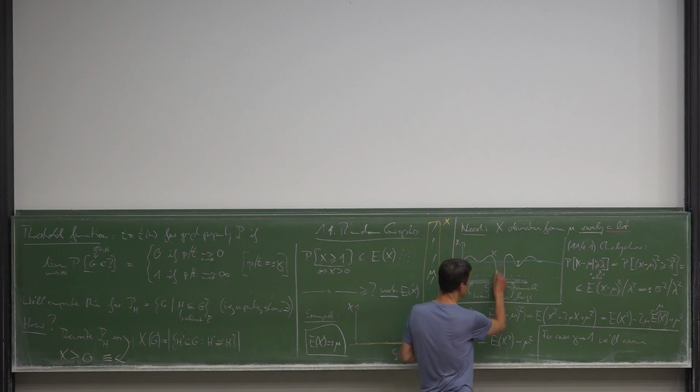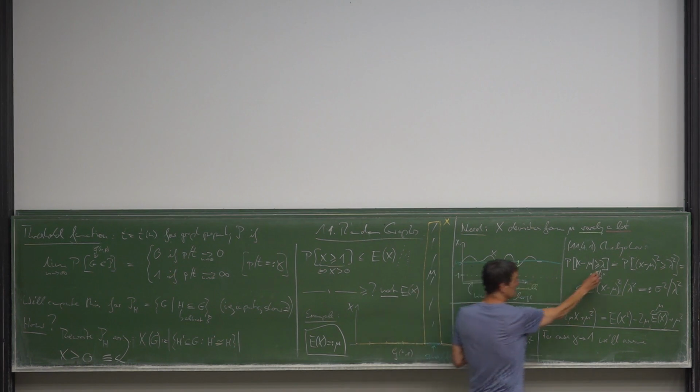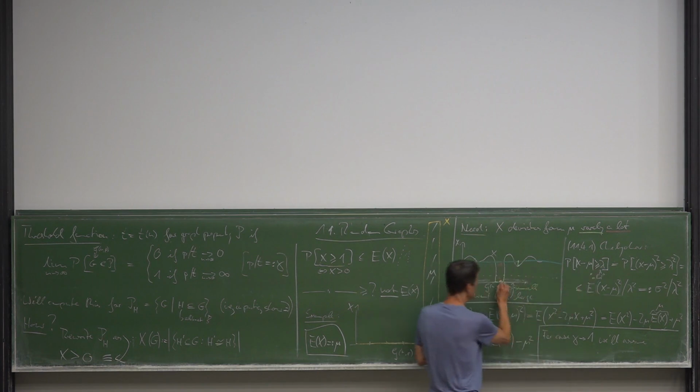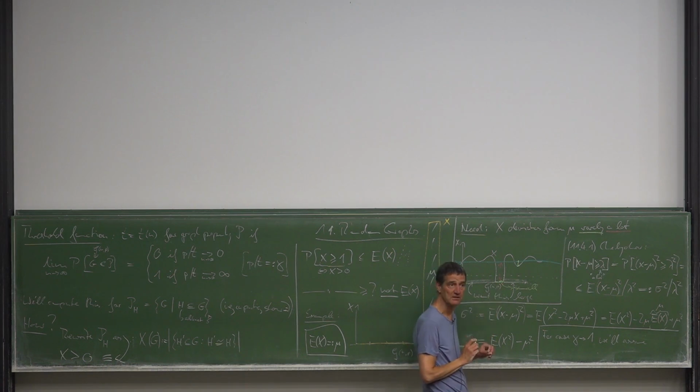So we want to stop x from deviating from its mean by as much as mu. That's enough. If it deviates less, or for many g with large measure, deviates less than mu, lambda equals mu, then for everywhere where it deviates less from its mean than by mu, this x is going to be positive, trivially, right?